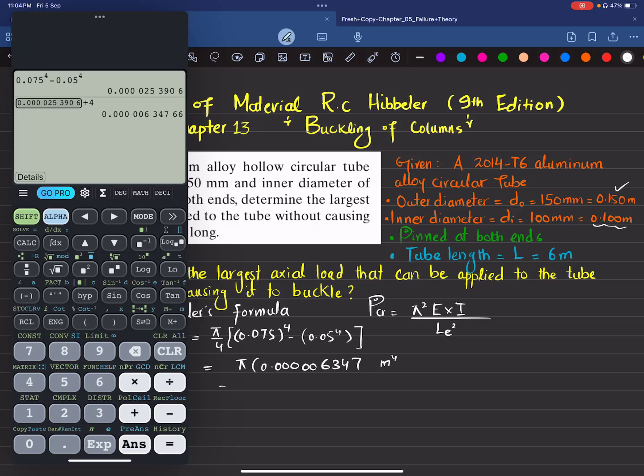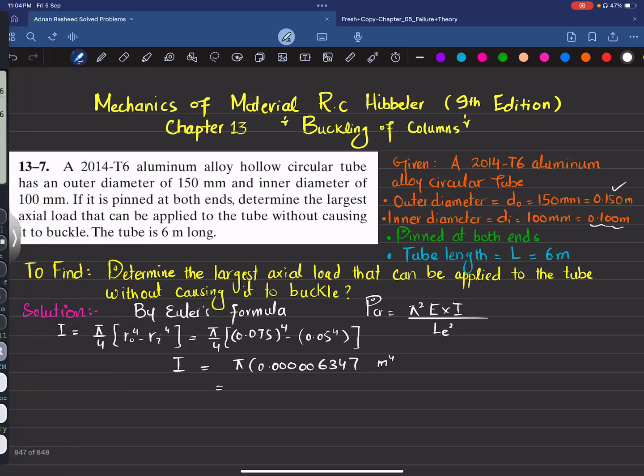So if you simplify it, what you are going to get is 6.347 into 10 raised to power minus 6 meter power 4, and it will be multiplied with pi.